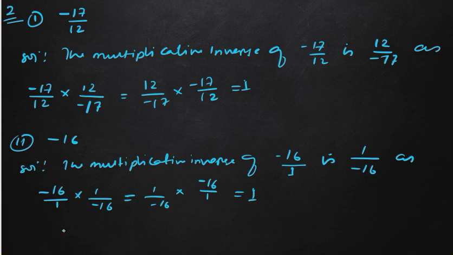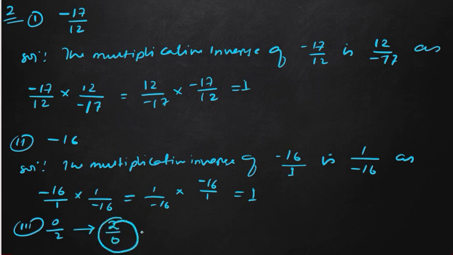Okay. Similarly, in the third case, that is the multiplicative inverse of 0 by 2. If we write its reciprocal, what will it be? 2 by 0. But is this possible? No, it is not possible. So how to write the answer?